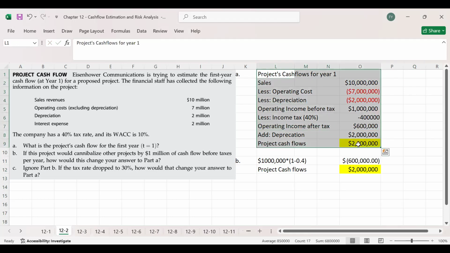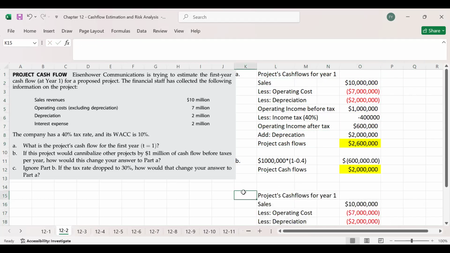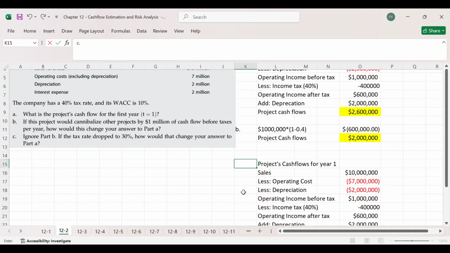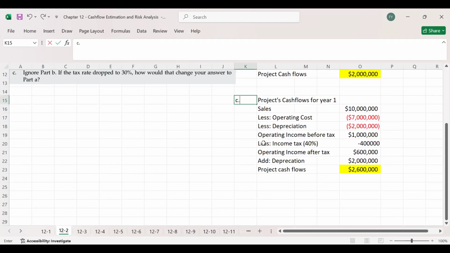Here we can copy it and complete part C. Rest of the parts remain the same instead of the income tax portion, which is 30%. So here we replace 40% by just 30%.